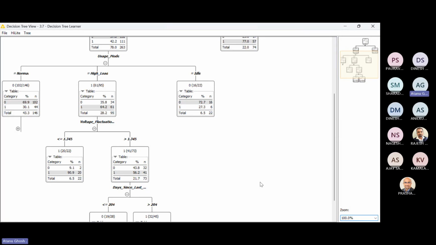My next question to you: is this the desirable outcome, where leaf nodes may contain one observation, many leaf nodes, if not all?